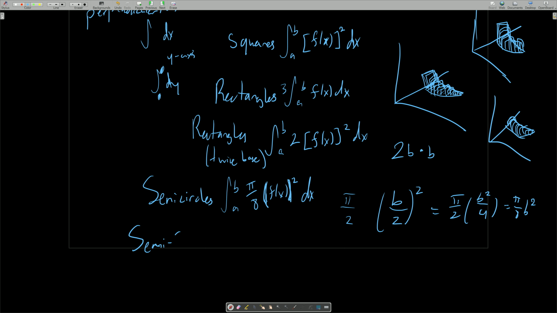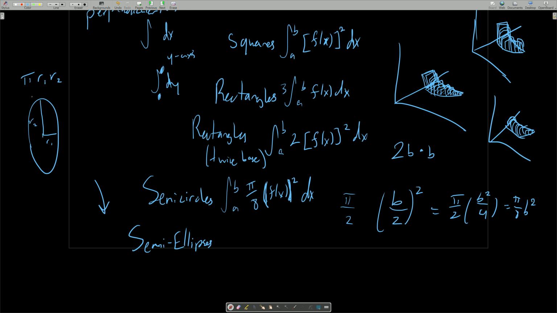For semi-ellipses, it's kind of like rectangles. You need to be able to think of this kind of like how I did here. So the formula for the area of an ellipse, and I'll call these R1 and R2, is pi R1 R2, right?